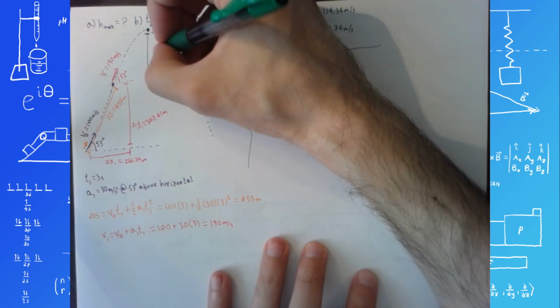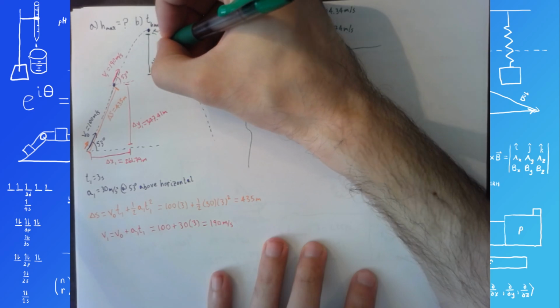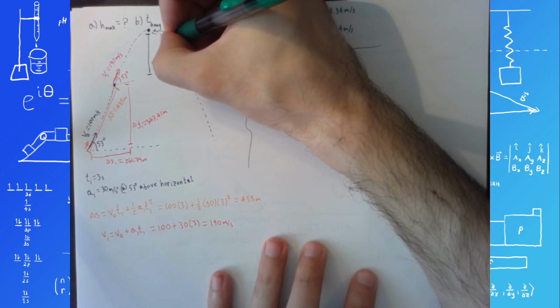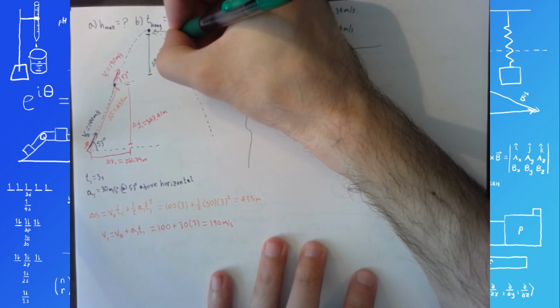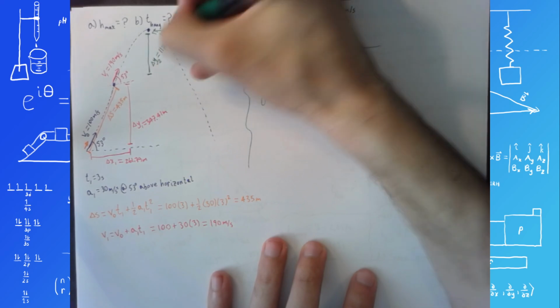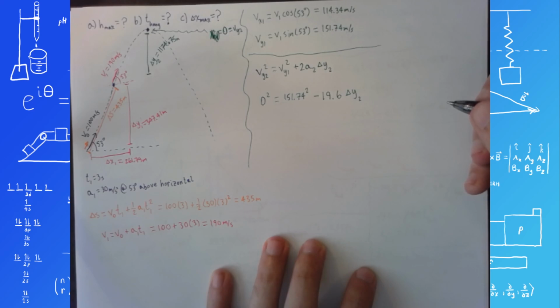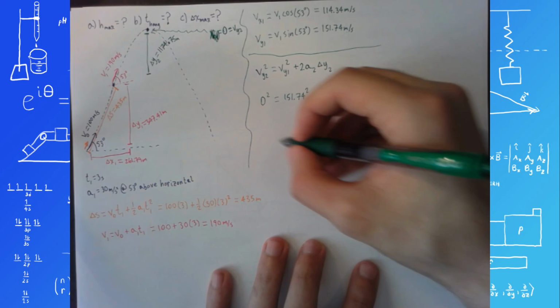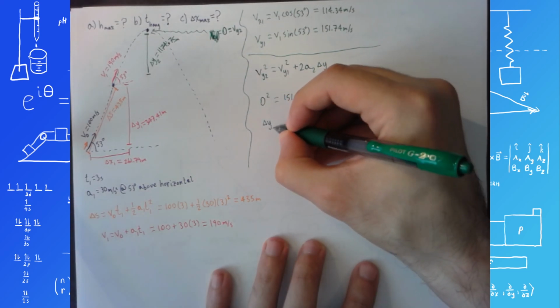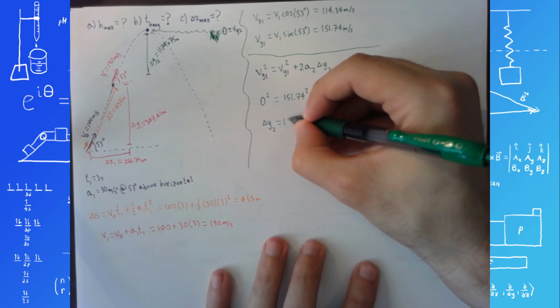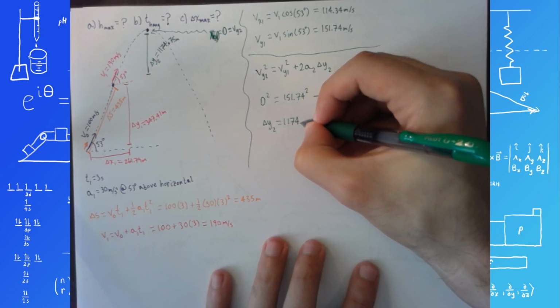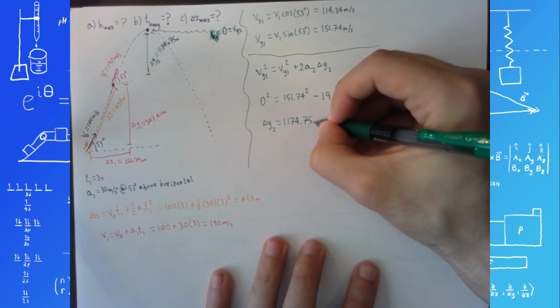Delta y2 is equal to 1174.75 meters. Which clearly means that my drawing is not to scale. I'll write it over here too, just for clarity. 1174.75 meters.